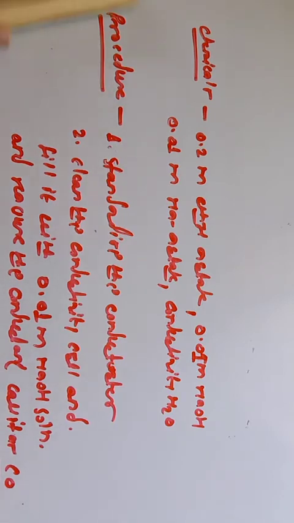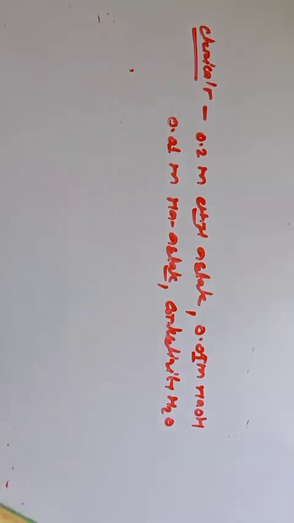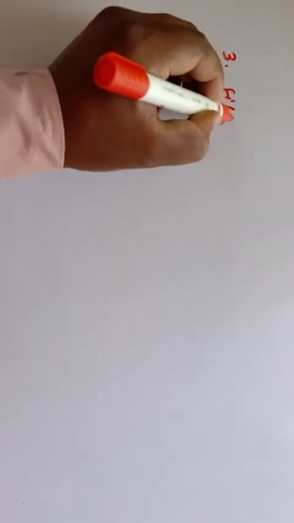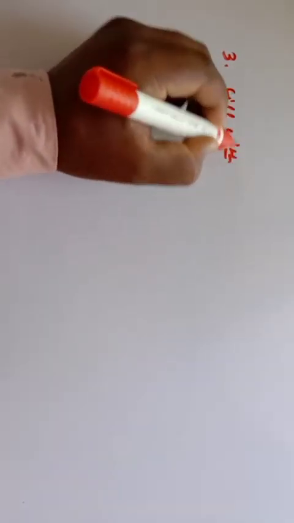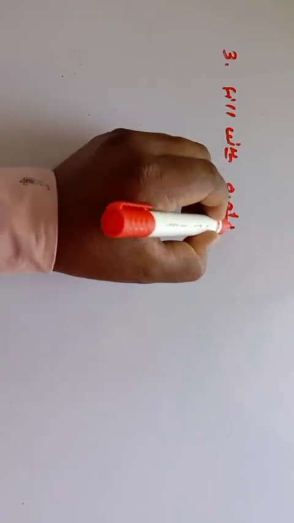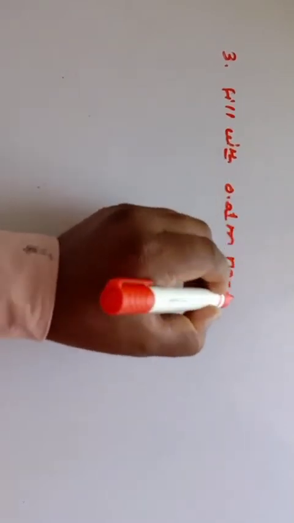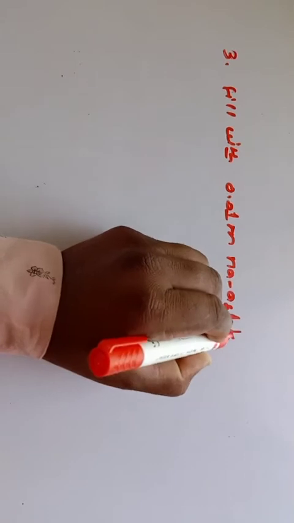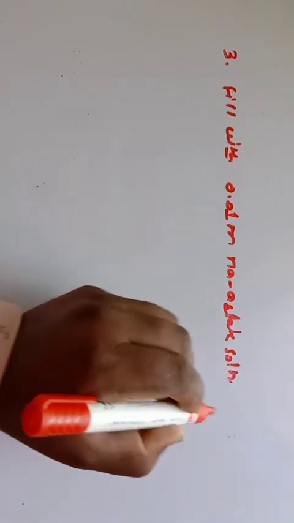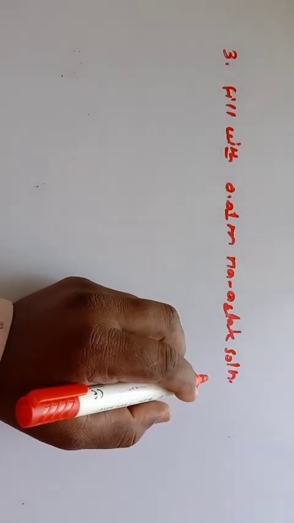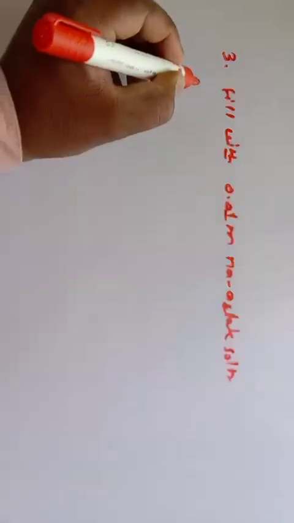Similarly, the third point: wash the conductivity cell again and fill it with 0.01 molar sodium acetate solution and measure the conductivity.